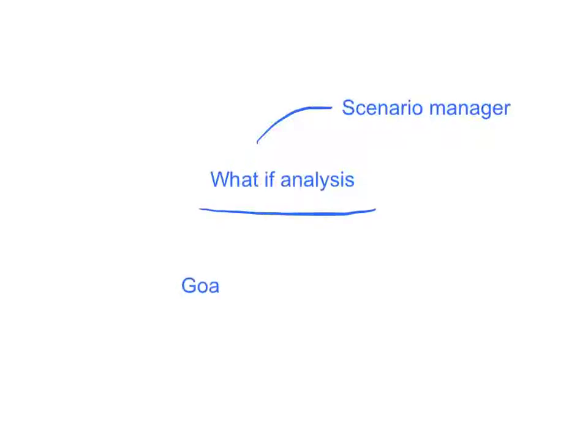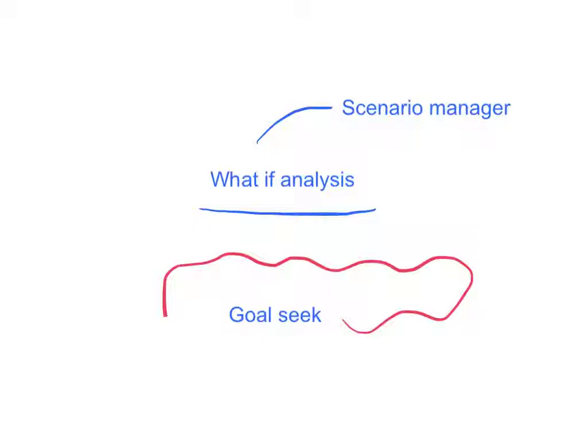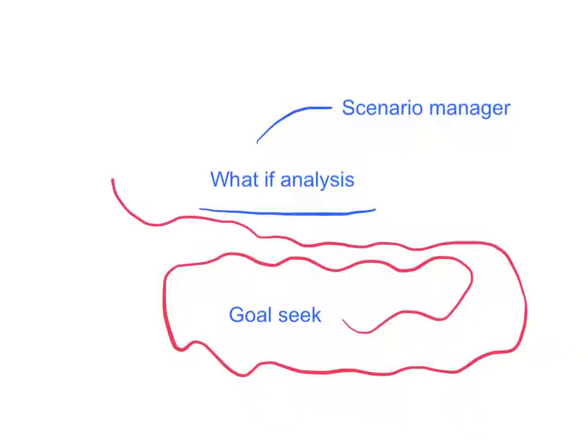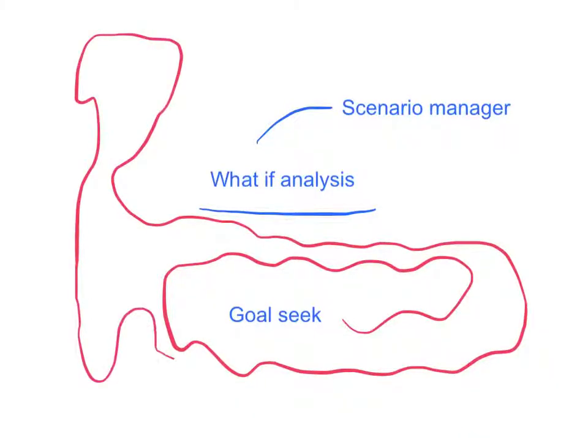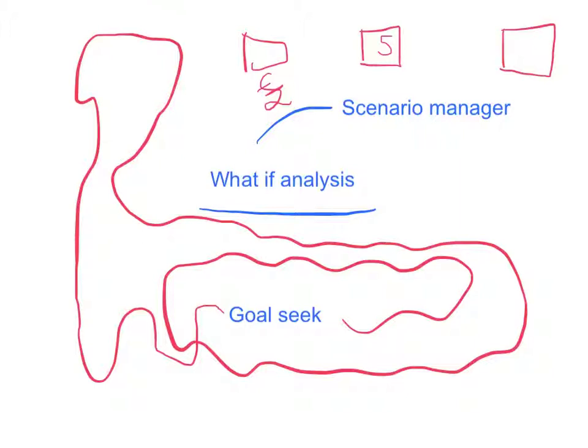Another name for it is goal seek, where you give the computer a goal that it needs to get to by changing a certain value, and it will keep changing that value until it reaches the goal. So for example, if we have this box here that has the amount of money the club starts with, you can say how much money do they need to charge in subs each week in order to achieve profit of 5,000 at the end of the season.